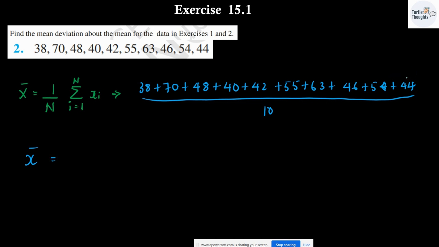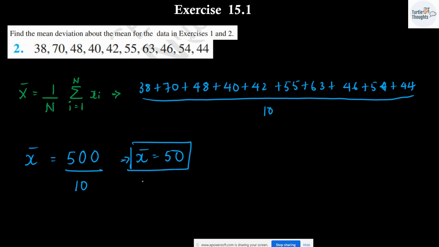Adding them up, you will be getting 500, divided by 10. So x bar, I will be getting it as 50.